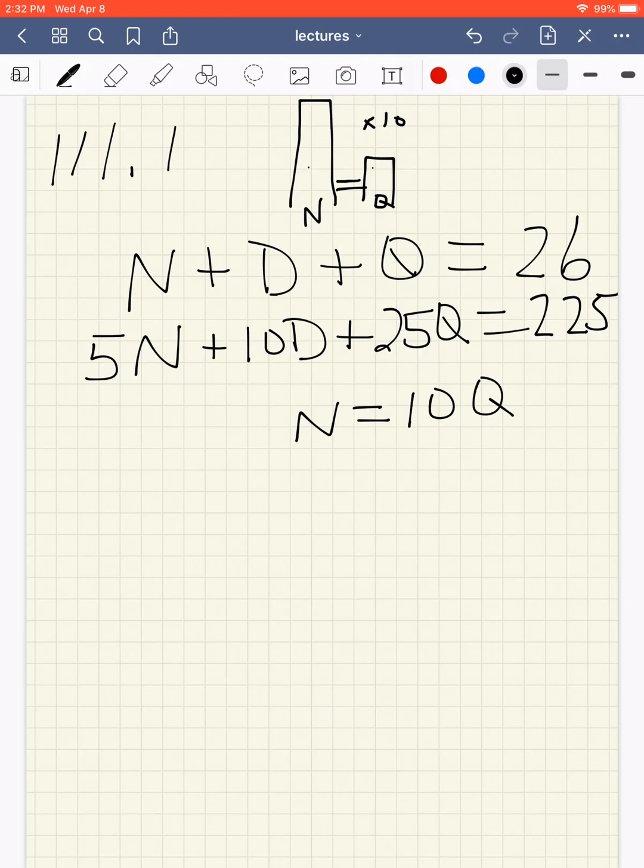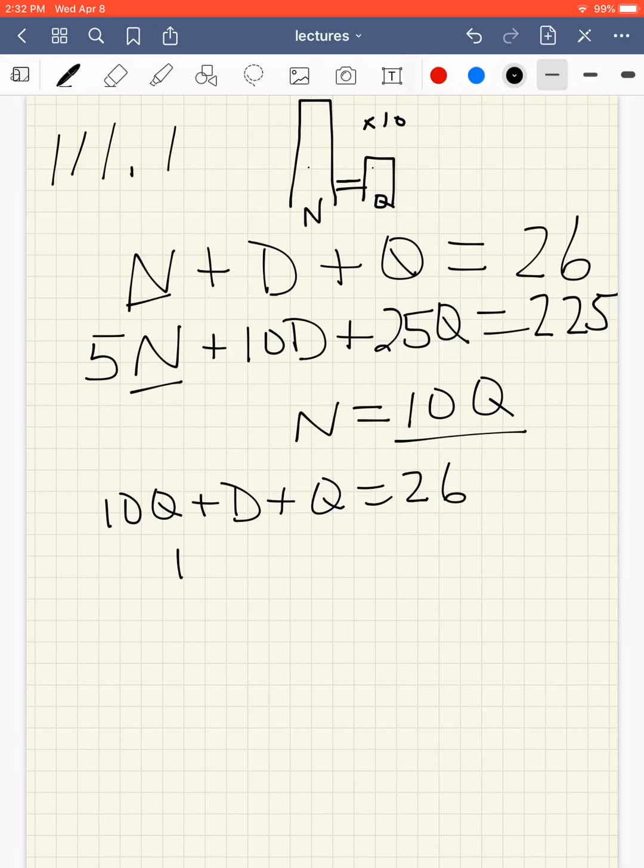Alright, now we've been practicing problems like this, so this isn't brand new. What we'll do is we'll take this 10Q and put it here for n and here for n, and we'll simplify those 2 equations, and they'll only have 2 variables. So this will be 10Q plus D plus Q is equal to 26, which will be 11Q plus D equals 26.